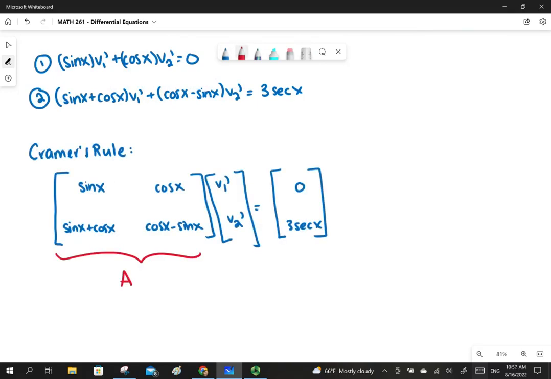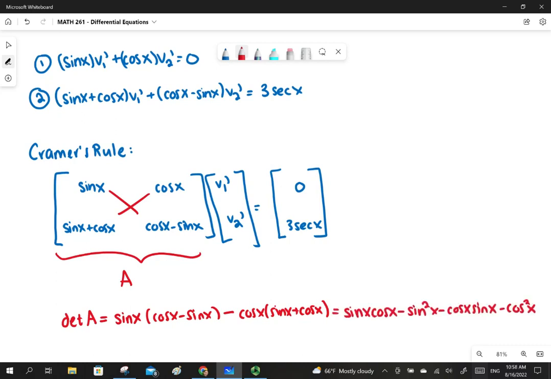The determinant of the coefficient matrix A equals sine of x times cosine x minus sine of x minus cosine x times sine of x plus cosine x, which equals sine x cosine x minus sine squared x minus cosine x sine x minus cosine squared of x, which simplifies to just negative sine squared x minus cosine squared x, which is just negative 1.